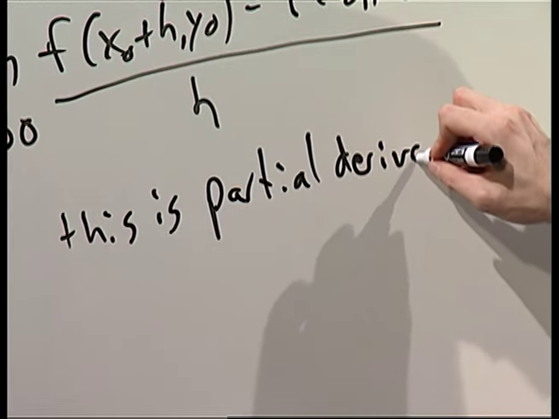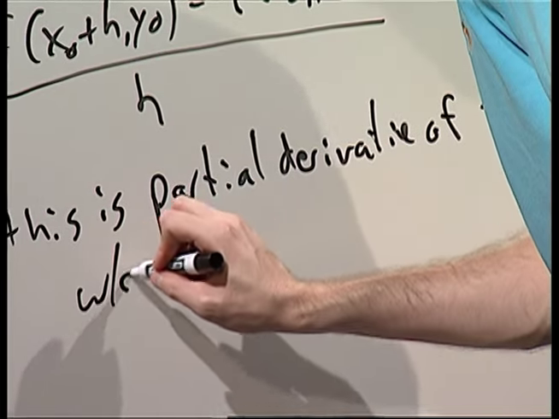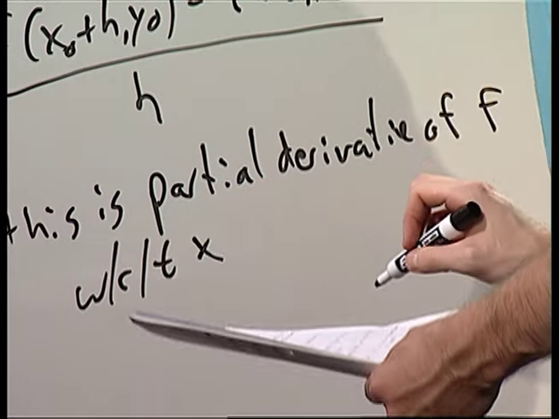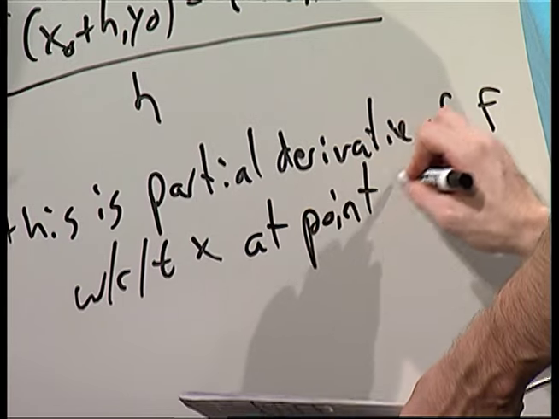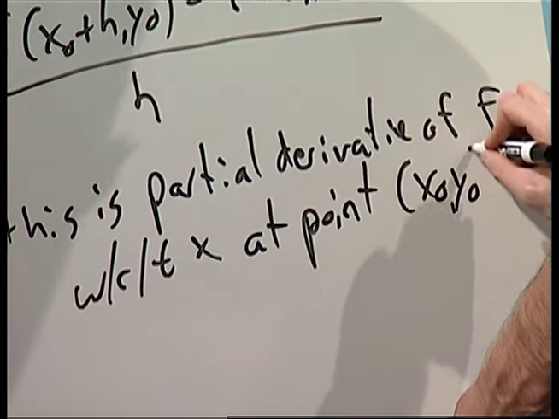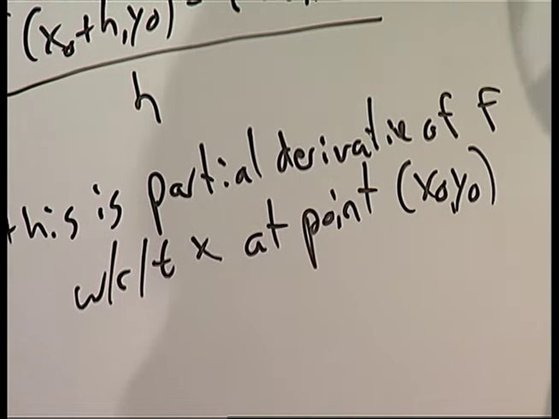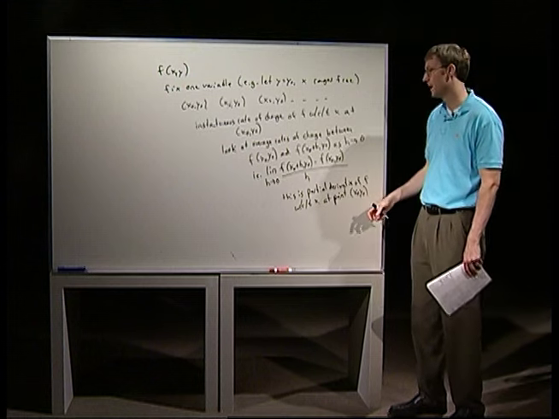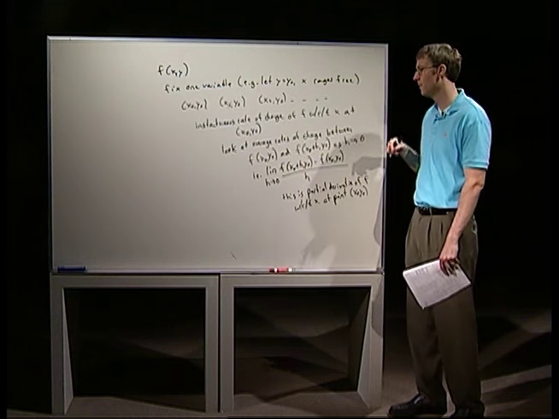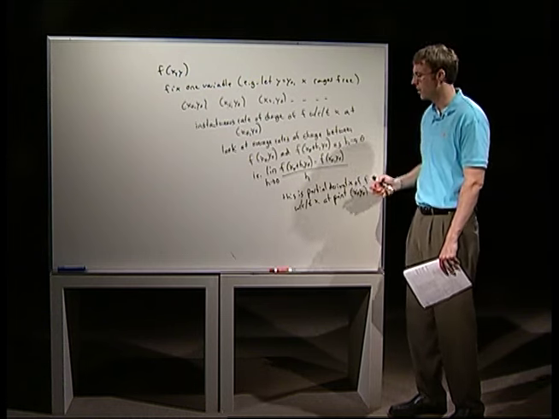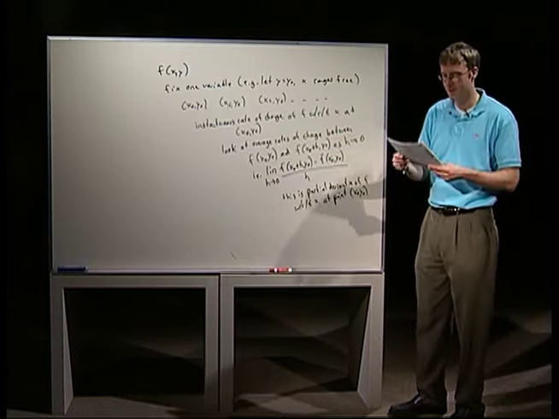Partial derivative of f with respect to x at a point. Right? So that limit is the partial derivative of f with respect to x at the point (x0, y0). This limit looks a lot like our single variable derivative definition, only there are two variables here, but one of them remains the same all the time. Doesn't matter. y0 is fixed.